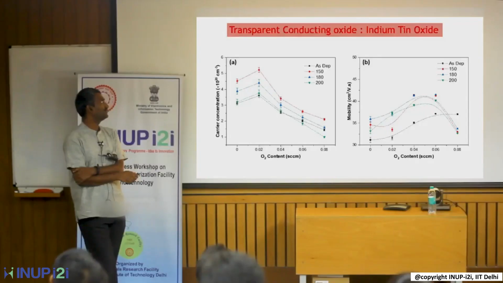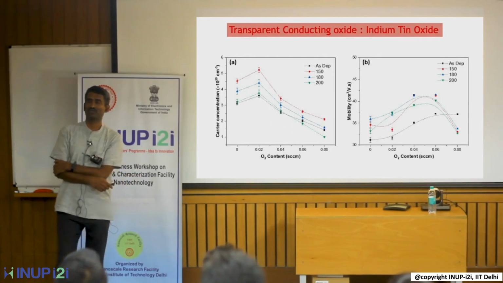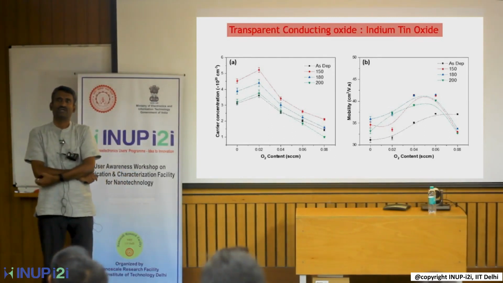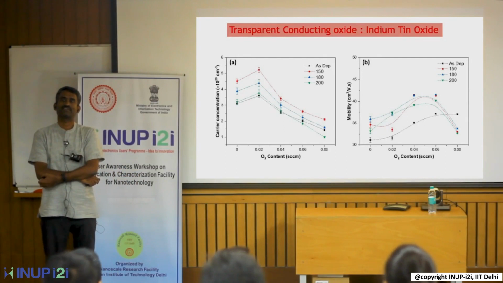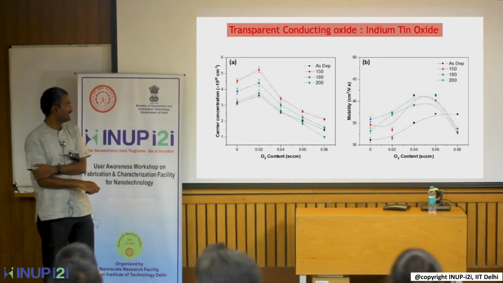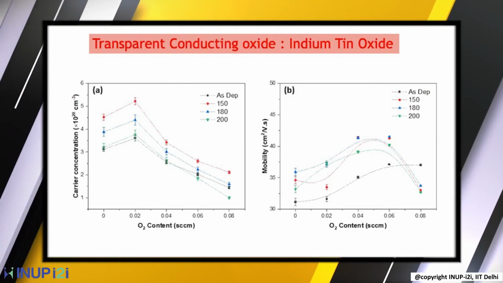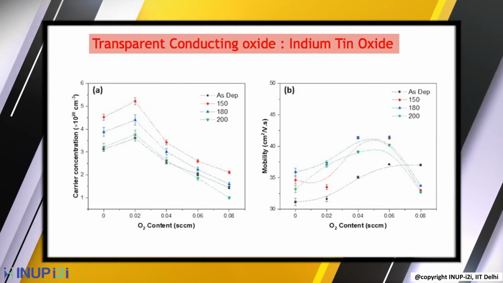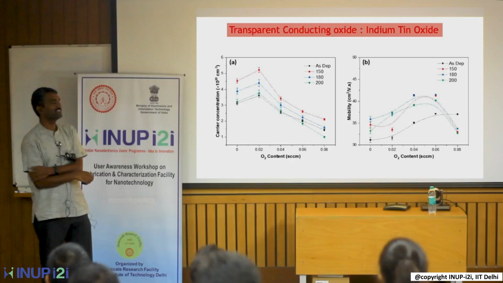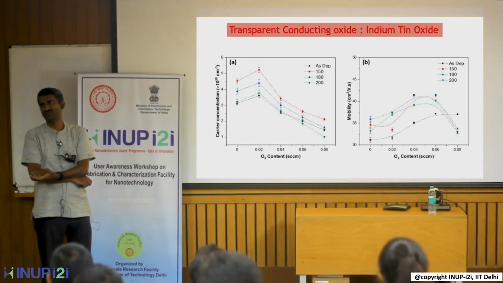On top of it, we also dope some tin into that to further enhance the carrier concentration. You can see that by introducing oxygen, you change the oxygen vacancies and modify the carrier concentration. And this is the carrier concentration we are talking about, 10 to the power of 20, close to a metal.